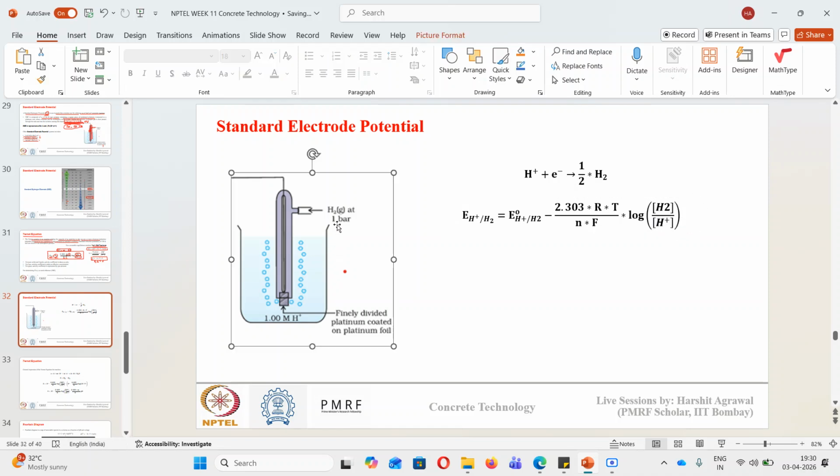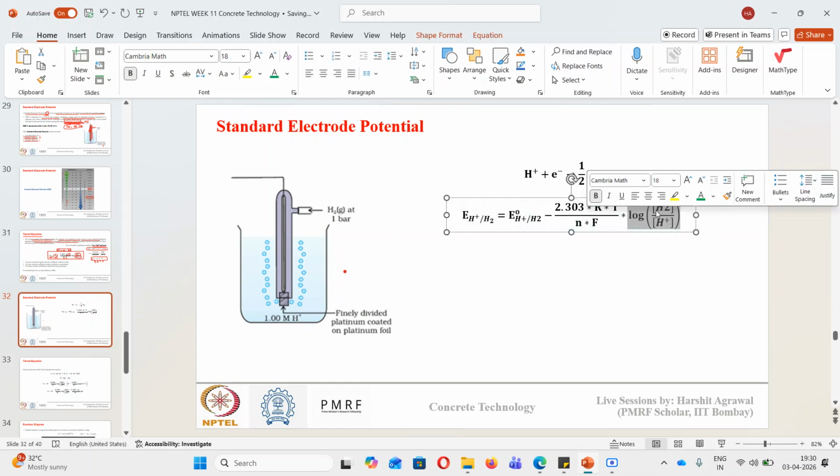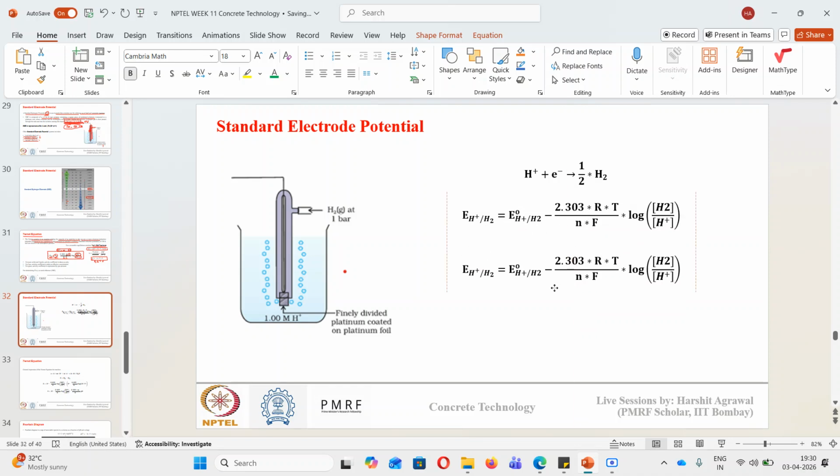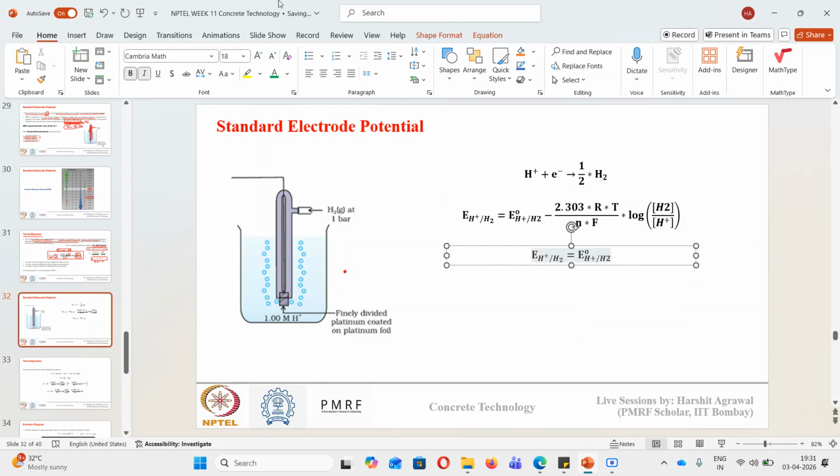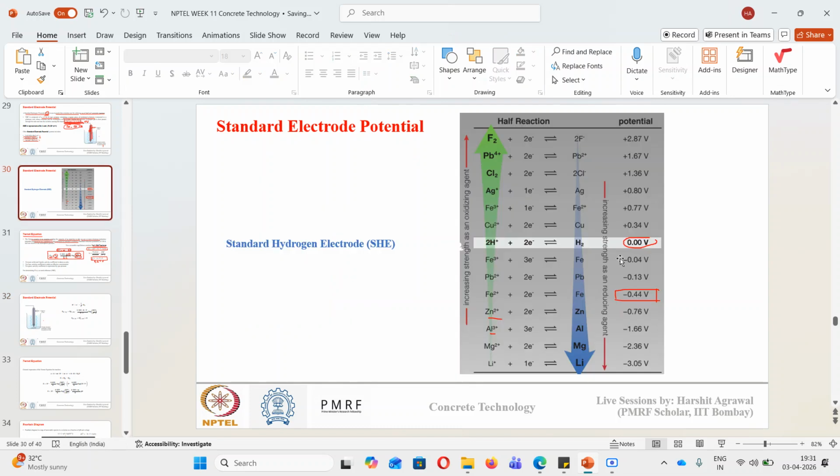Now we know here we have taken the pressure of H2 as 1 bar, and the concentration of H+ ion is 1 molar. So the value inside the log will be equal to 1, and log of 1 is equal to 0. So this part will become 0, and the electrode potential of this reaction in any condition will be equal to the standard electrode potential of H+ converting into H2, and that is 0 as we know from this table.